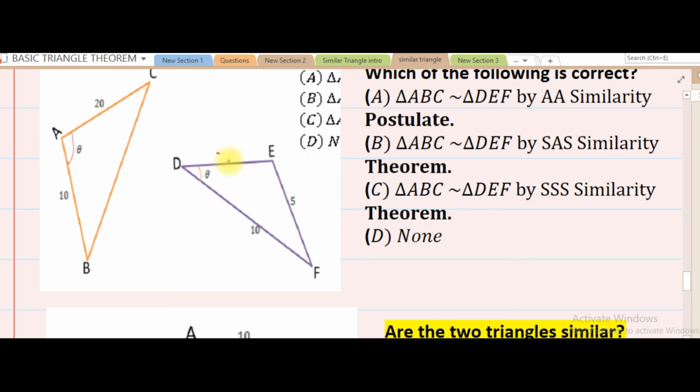I don't think that SAS will work here, so the answer should be none, because they must give us the included angle, but they gave us this, so this is wrong. So the answer is none. Some students will make the mistake of choosing this one, but the answer is D.